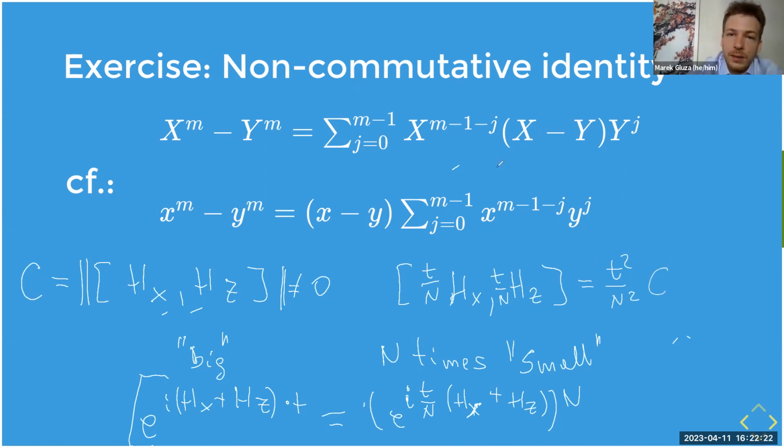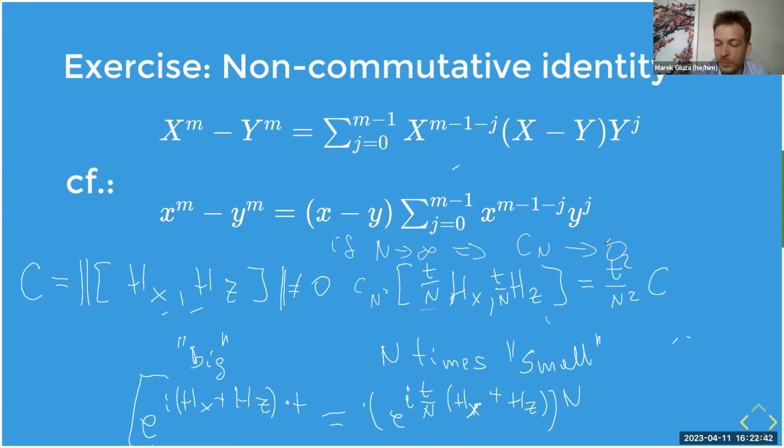So we get a conclusion: if n goes to infinity, then c n goes to 0.